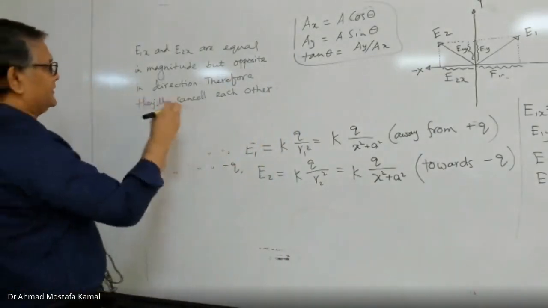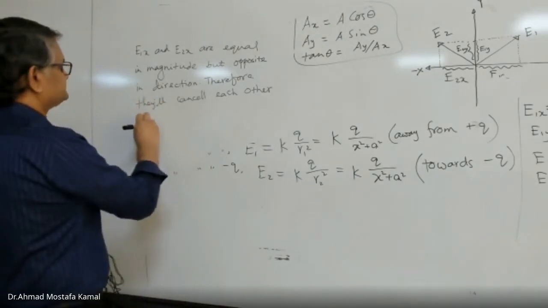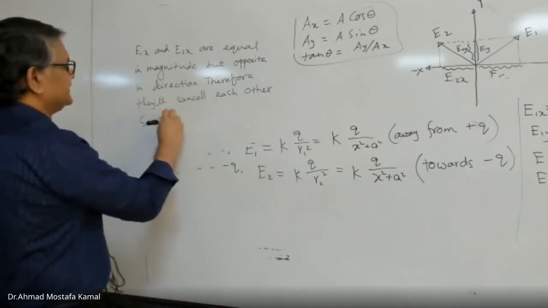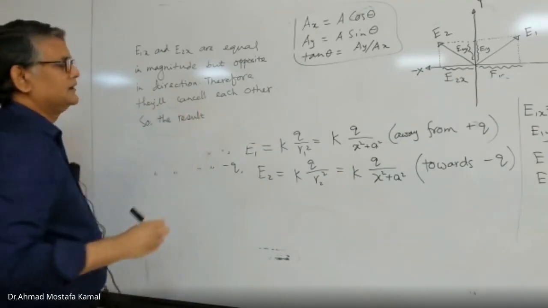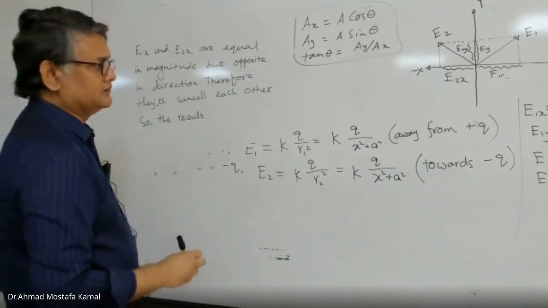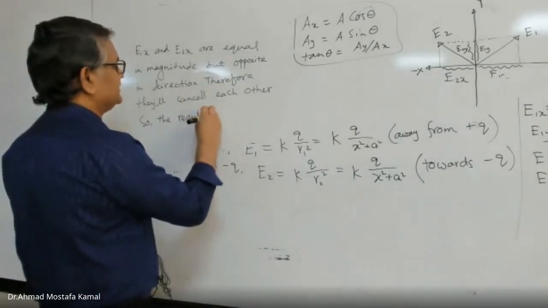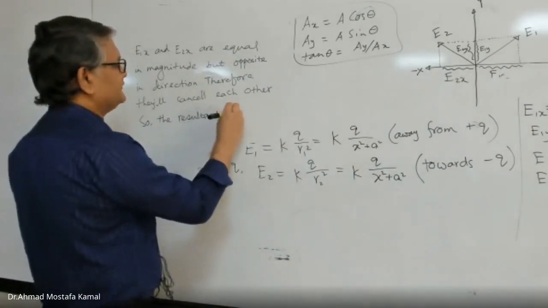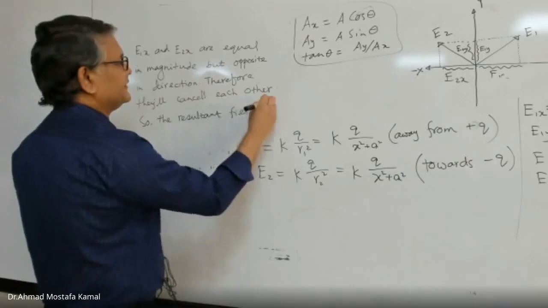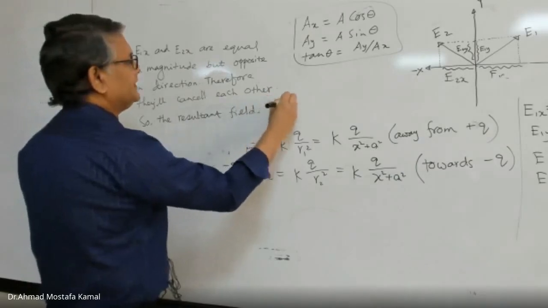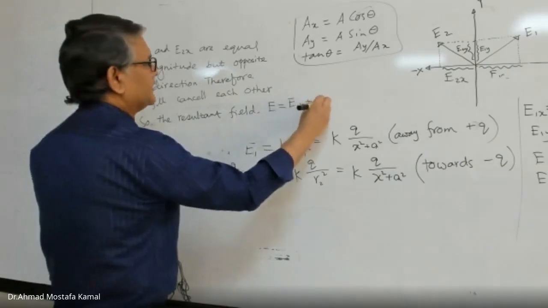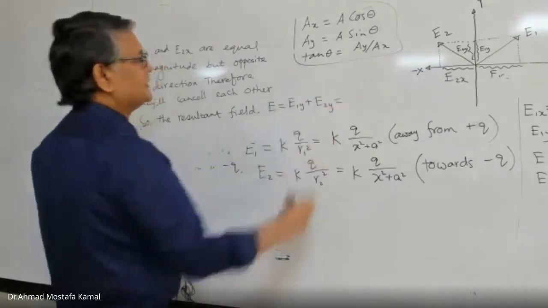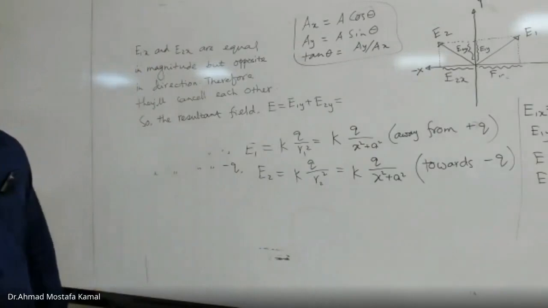And therefore, the resultant field is 2 out of 4 are cancelled. So 2 remaining. So resultant field or total field is E equal to E1y plus E2y.